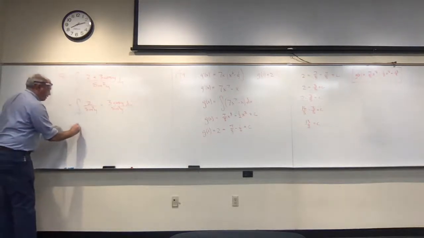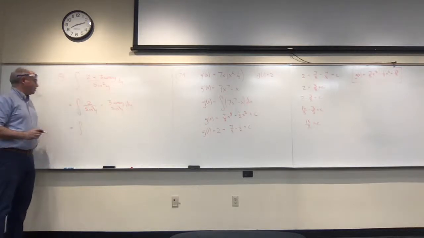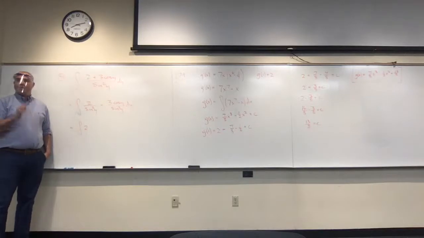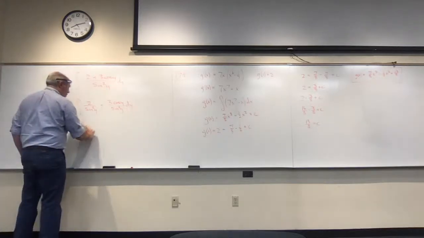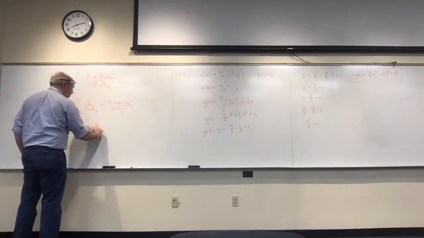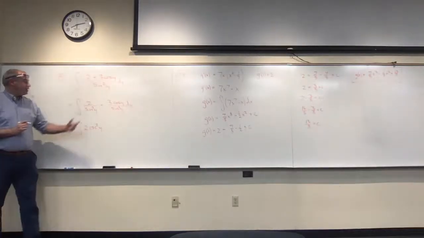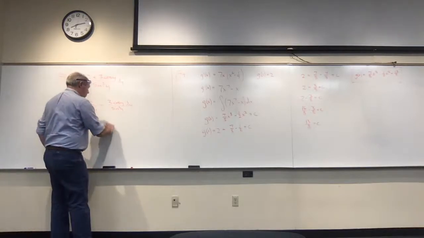I'll rewrite again. This is the integral of 2 over sine squared y, which is also known as 2 what? What's 1 over sine? Yeah, cosecant, right? So this is 2 cosecant squared y, right?